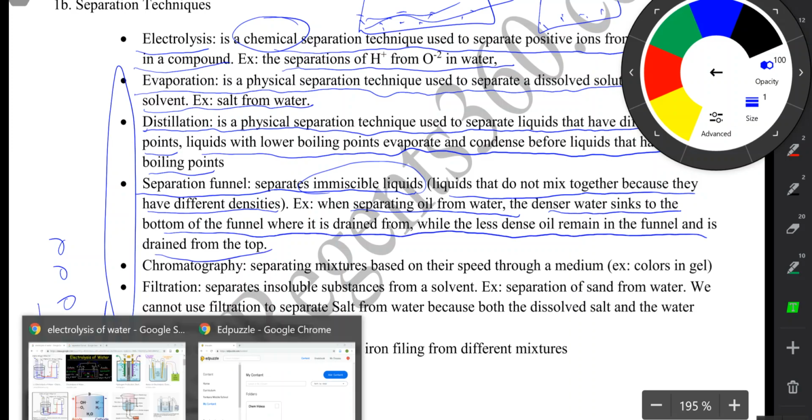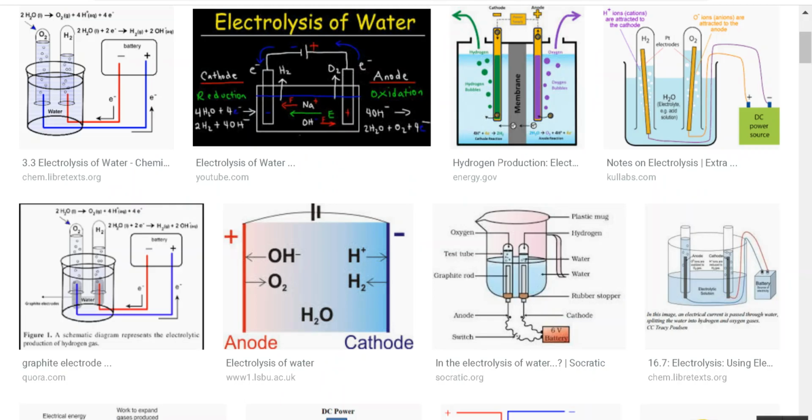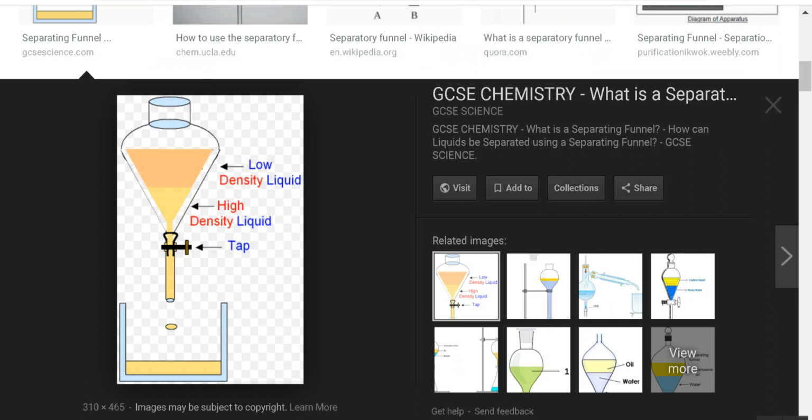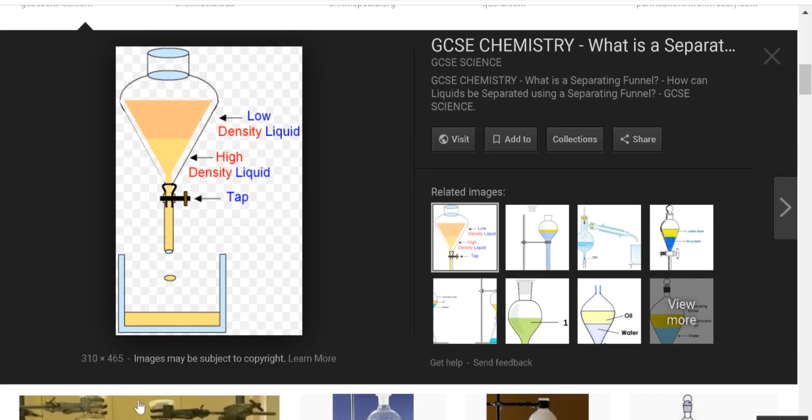okay, so take a look at a picture of a separation funnel. Go to Google, click on images. This picture comes up by GCSE Science. We see here we have oil and water. Water is more dense than oil, so water will make its way down the funnel.